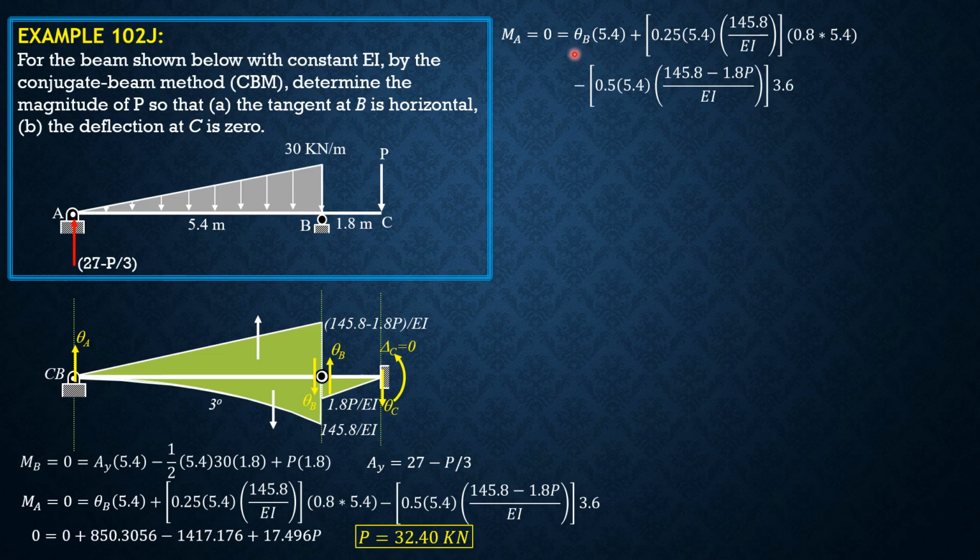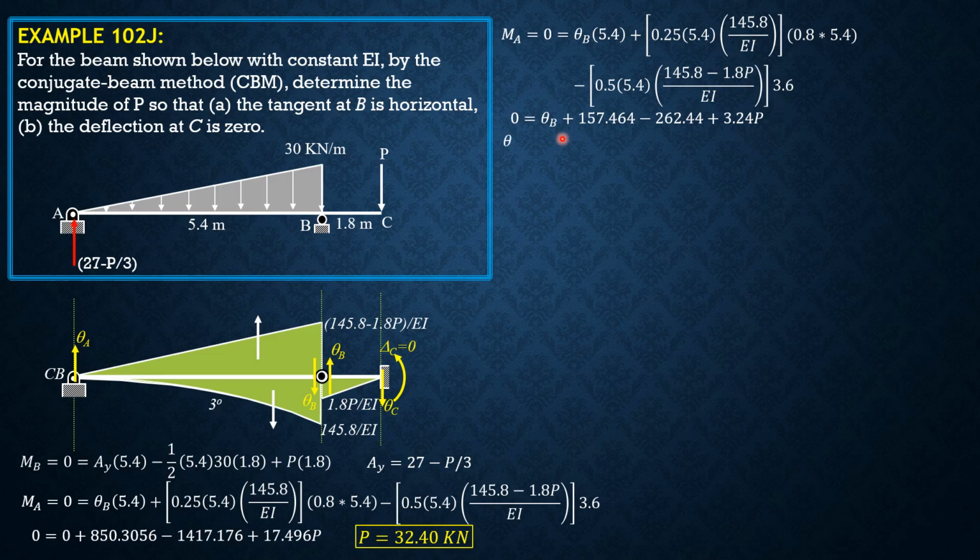So we divide everything by 5.4 and cancel 5.4 here. So 0 equals theta B plus 157.464, then minus 262.44 for the constant in this part, then 0.5 of 1.8 times 3.6 is 3.24P.